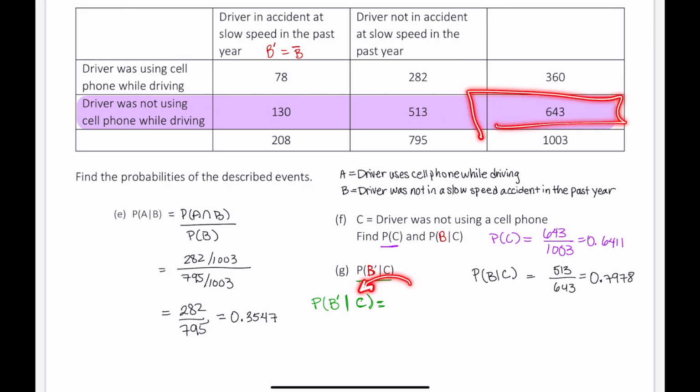So we know they don't use a cell phone, and we want to know of these drivers how many were in a slow speed accident. So of course, there are still only 643 drivers that do not use their cell phone while driving, and out of those, 130 were in a slow speed accident during the past year. This works out to be 0.2022.